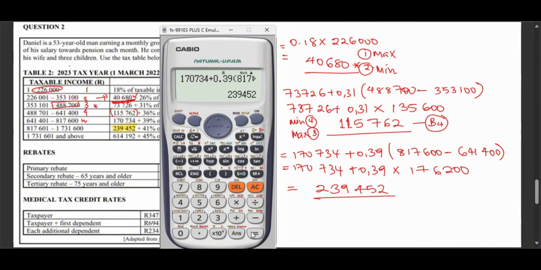Look at that. That's the same answer that you're looking for. So that's how we get the answers. Okay, let's look at the next question.